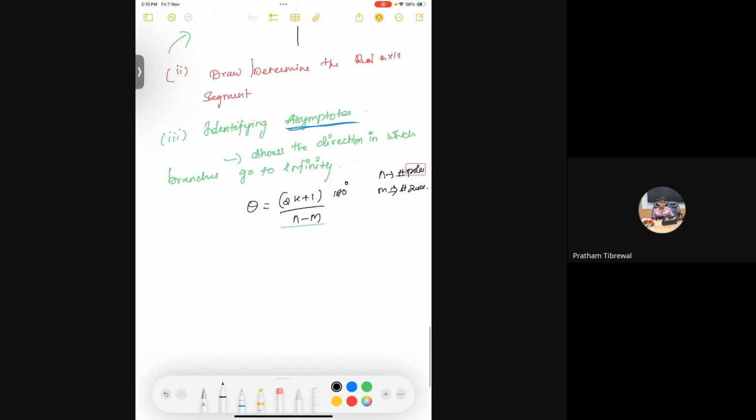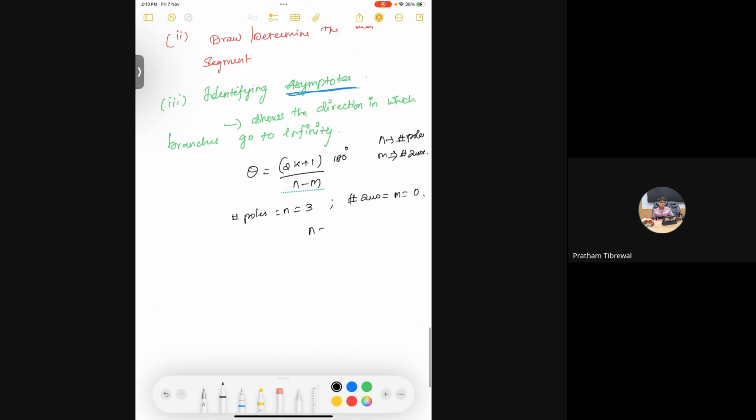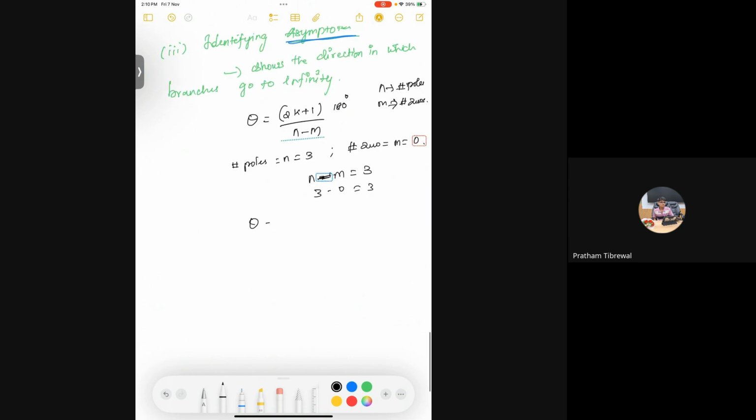So we have number of poles n equal to 3, and number of zeros m equal to 0. So n minus m will give only 3, that is 3 minus 0 equal to 3. Now if I calculate theta, k can vary as 0, 1, 2.